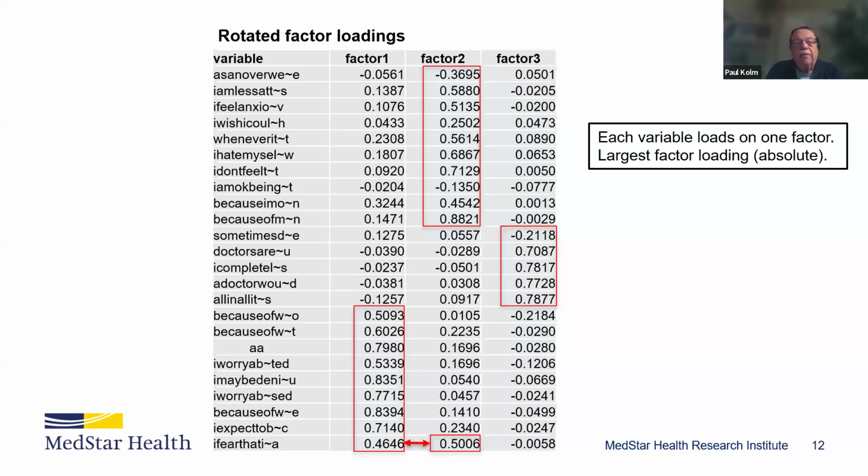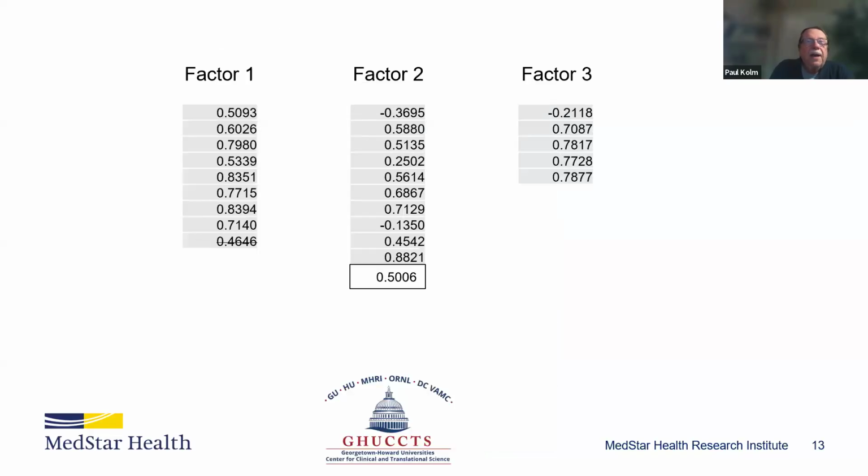So there's the variables, all of the 22 items and the factors that they load on. So now with our 3 factors, and I've included the 0.5 on factor 2 here, not the 0.46. So now we have the 3 factors, and so the next step is to identify what these 3 factors are.